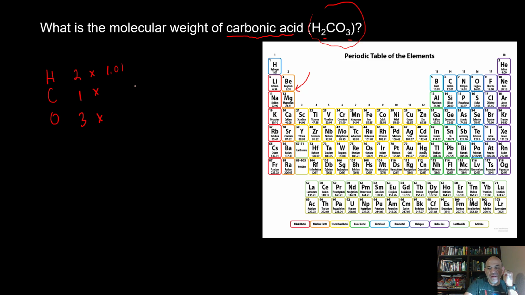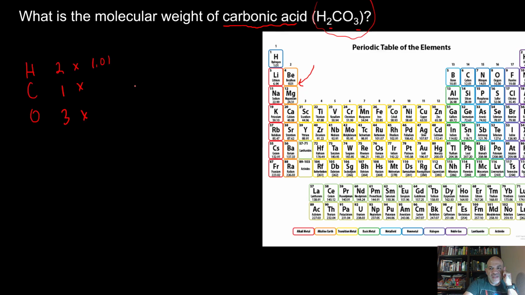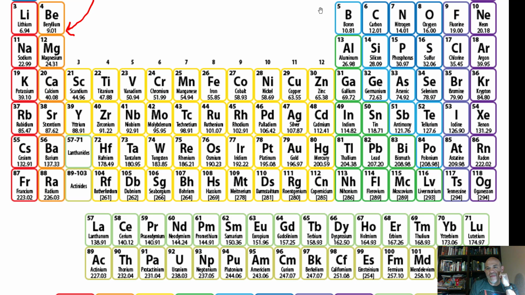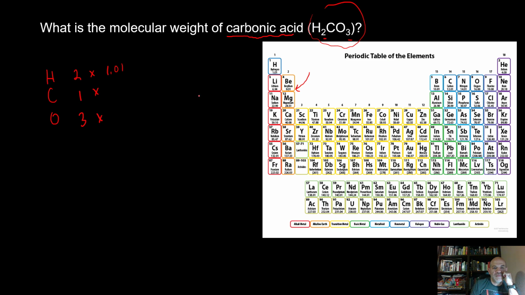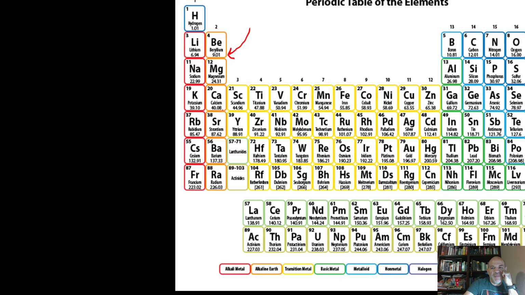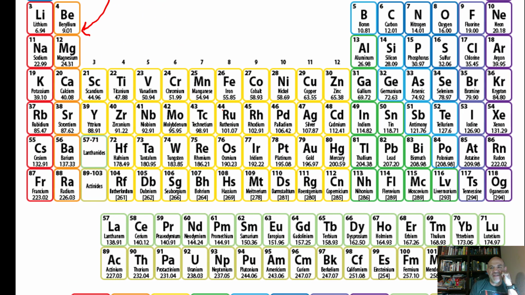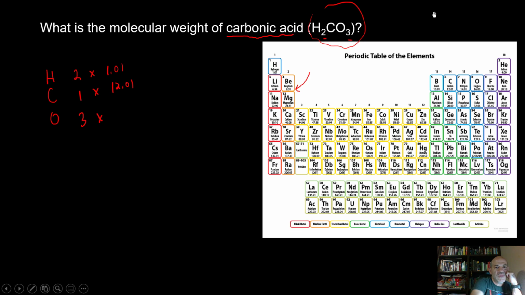For carbon, we see that so often in biology that we start to remember that's 12.01, about 12 atomic mass units. And then for oxygen, if we keep a lot of decimal places, like 15.99, I've used it so much, I remember it. But if we round it to only 2 places, it comes out to 16.00. You can see that right there toward the top right for oxygen. So that would be 16.00.